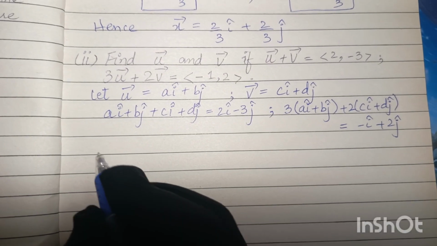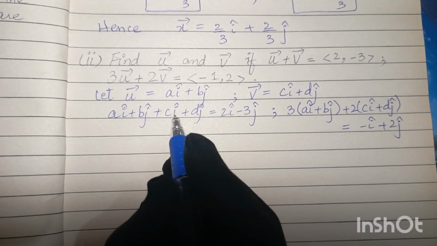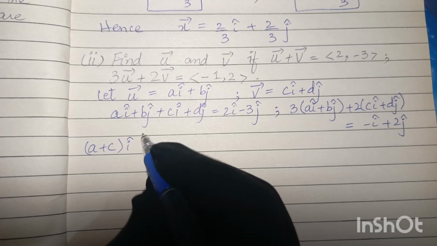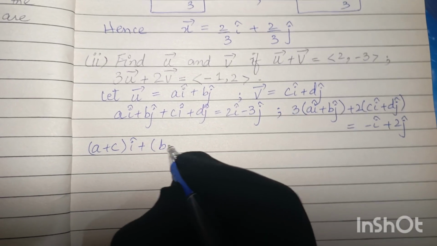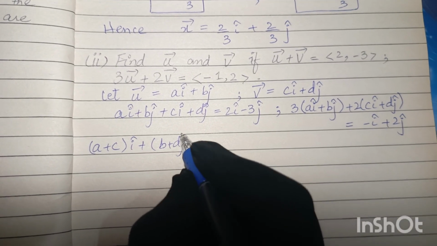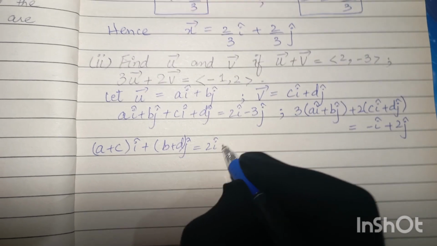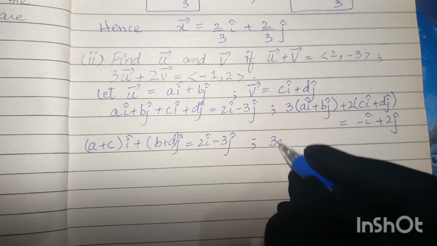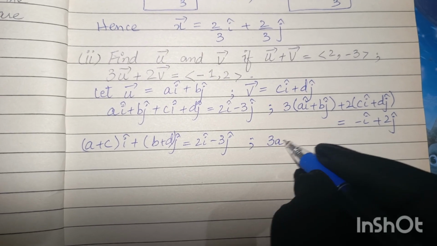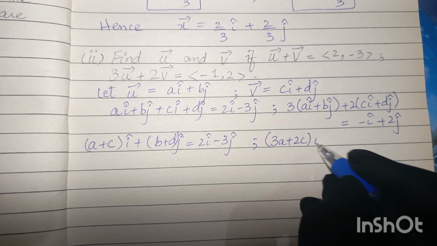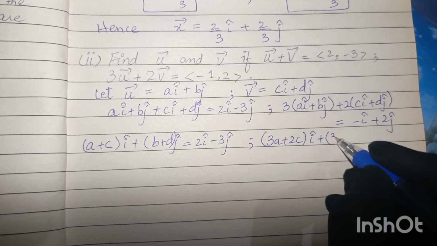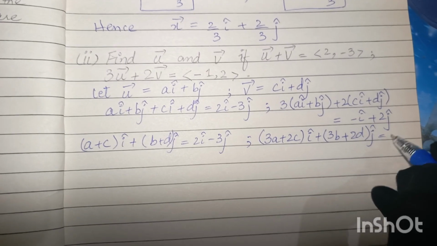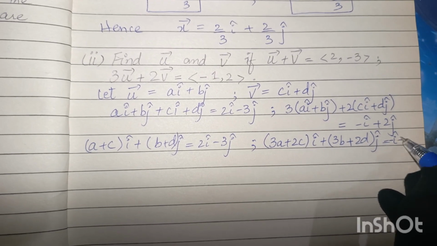So now we will simplify this expression as a plus c into i by combining the i terms, and similarly b plus d into j, equal to 2i minus 3j. Similarly, 3a plus 2c and 3b plus 2d equal to minus i plus 2j.